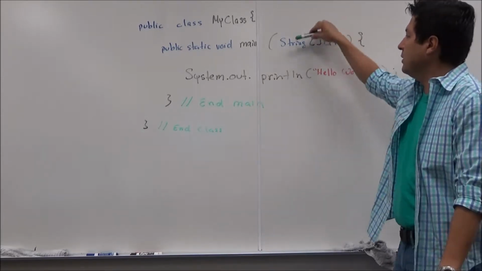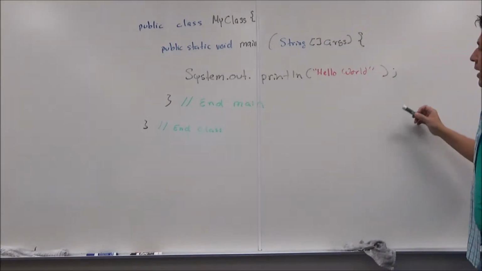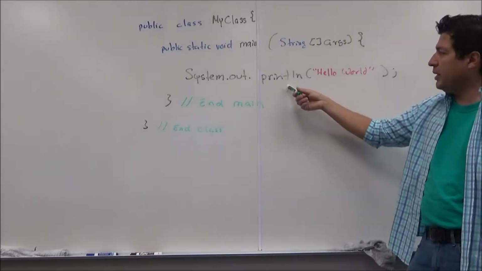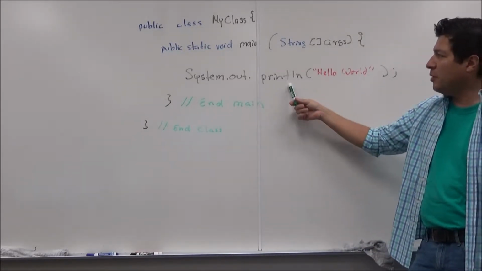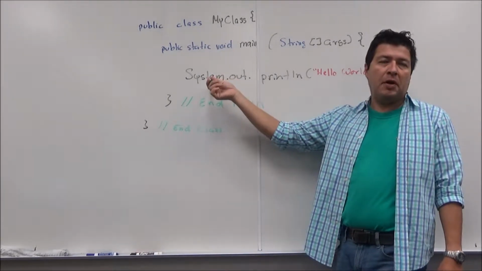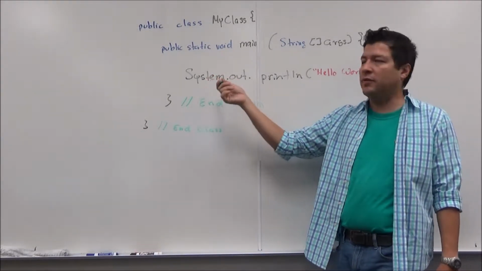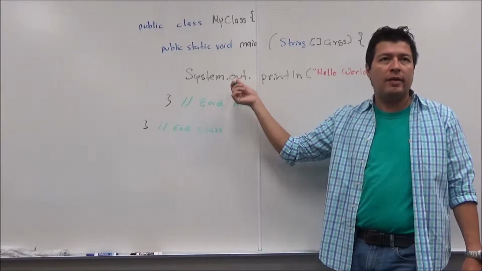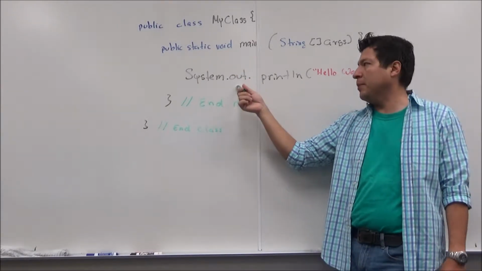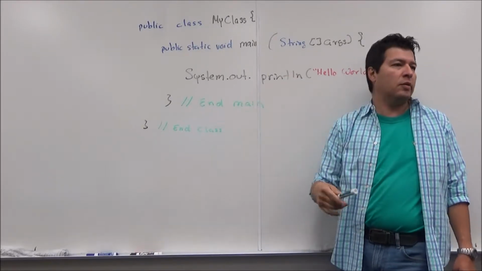What's all this? We use this method called println. But this method println actually resides inside this library called System, and the sub-library or class called out, the output stream. This stream, out, is what goes to your monitor.